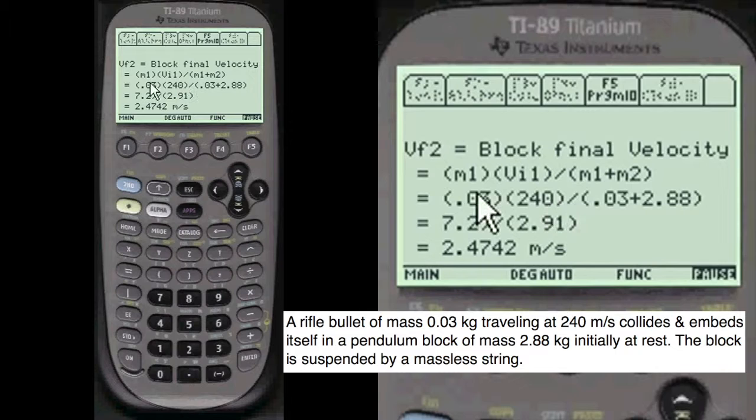And here it is. This is the formula here. You notice in my programs how everything is clear. In other words, this is the final velocity of 2, which is the block and the bullet. And then here's M1, which is the bullet mass, and here's V1, which is the initial velocity.